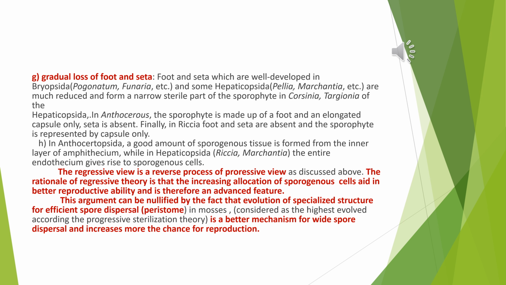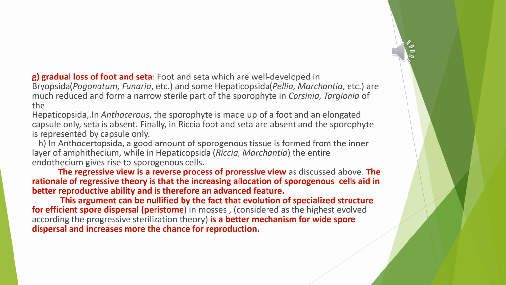Next, gradual loss of foot and seta. Foot and seta, which are well developed in Bryopsida and some Hepaticopsida like Pellia, Marchantia, etc., are much reduced in the sporophyte of Targionia of the Hepaticopsida, while in Corsinia of the Hepaticopsida, seta is absent.